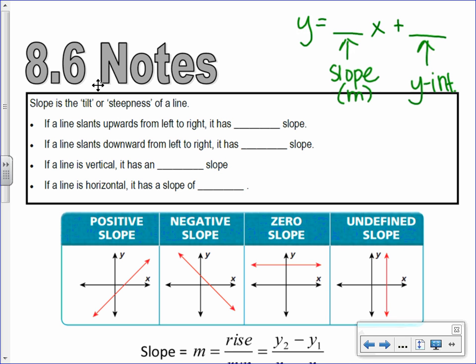If a line slants upward, you read a line just like you read a book, from left to right, just like you read a book. So this line, if it's slanting upward, is what we call to have positive slope. You always read a line from left to right. If it's sloping downward, we say it has negative slope. And if you'd rather write the words, you can do that. And then this is where you need to be careful.